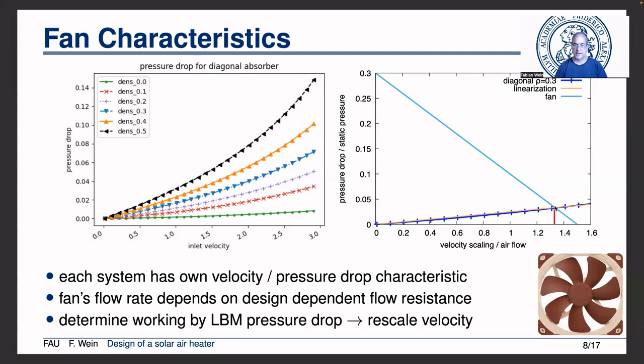And with the diagonal line, I find the working point of our fan by cutting with the current pressure drop. So, this allows us to scale the velocity to reflect the density, to reflect the characteristics of the fan as a design-dependent, absorber-dependent function.